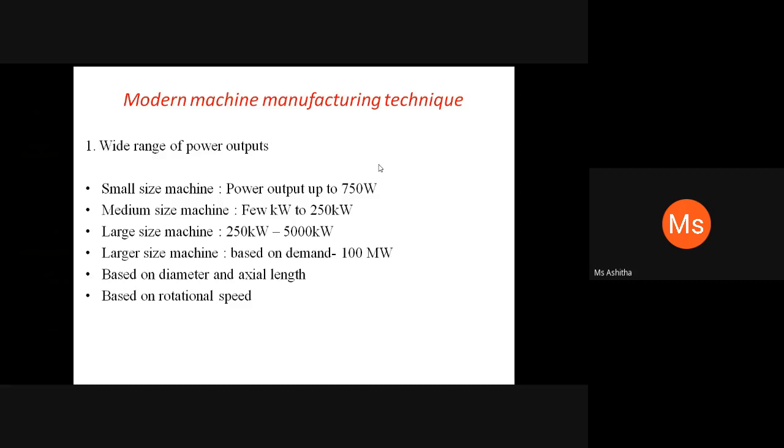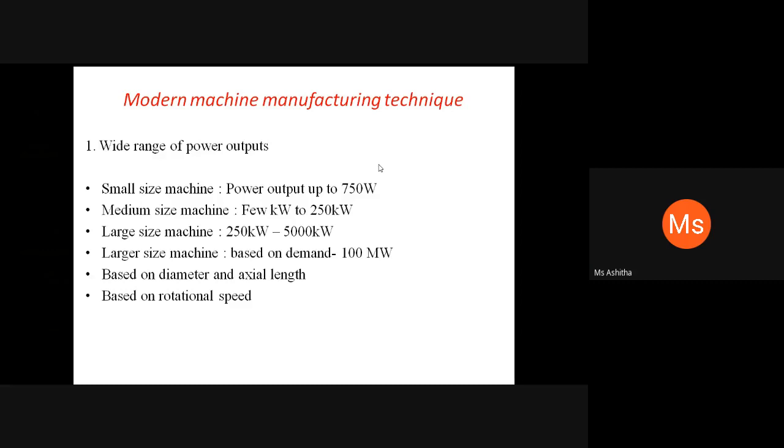These machines are usually designed and manufactured as a series and have a definite power range. The larger size machines are manufactured on special orders from customers to meet their specific demand. Therefore, the larger machines are designed on an individual basis, and the power output of these machines may be as high as hundreds of megawatts.